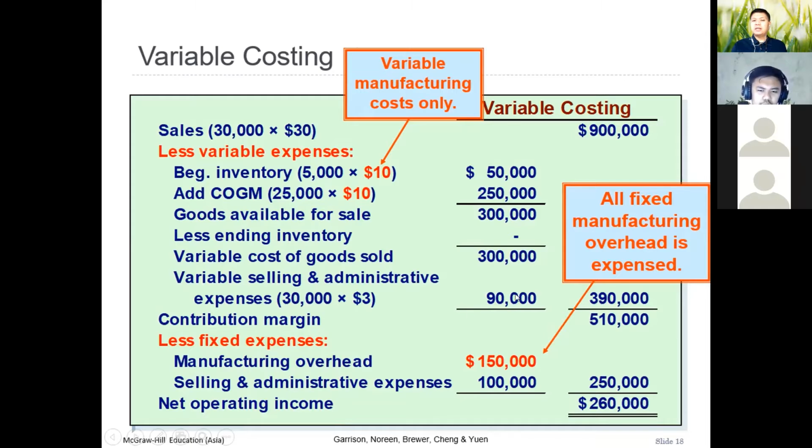Add the variable selling and administrative of 90, then this is now 390,000. The contribution margin is 900 minus 390, this is 510,000. And then you include the fixed overhead and the fixed selling and administrative. This is 250. The net operating income is 510 minus 250. This is 260,000.